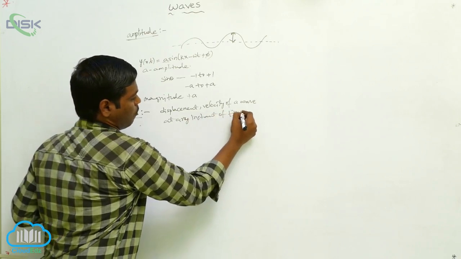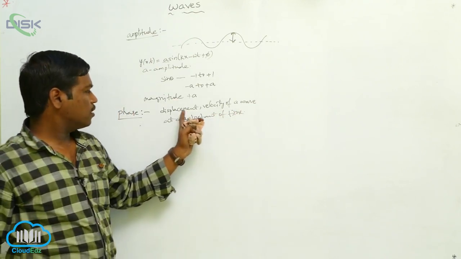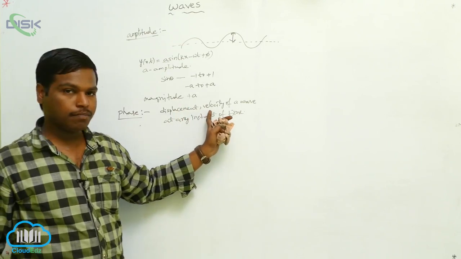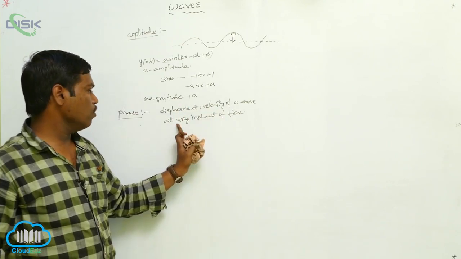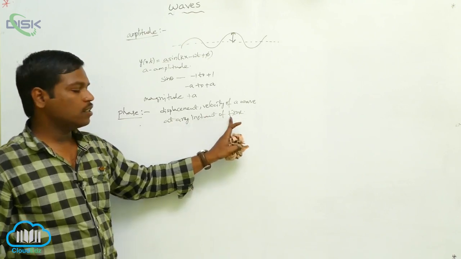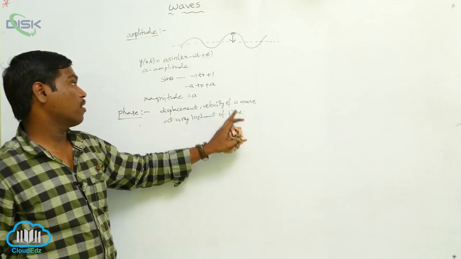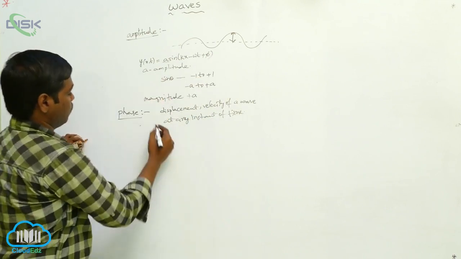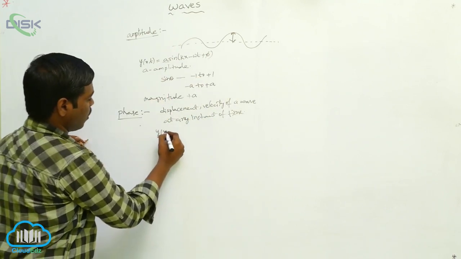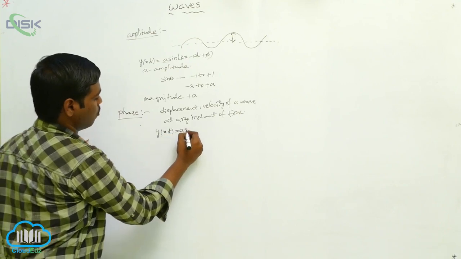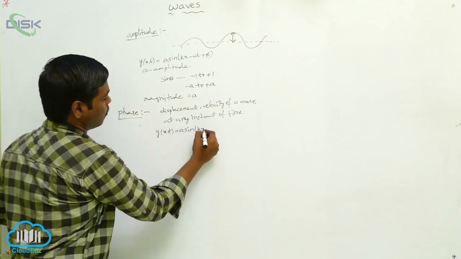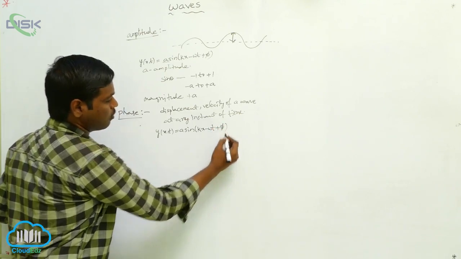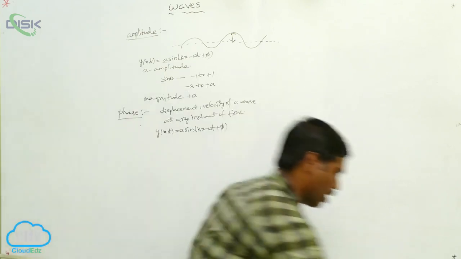In y of x comma t is equal to a sin kx minus omega t plus phi, phi is called the phase.